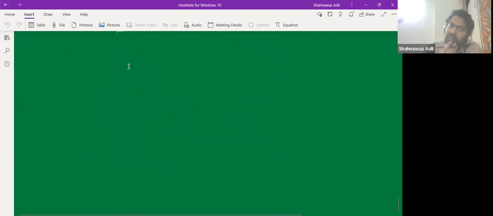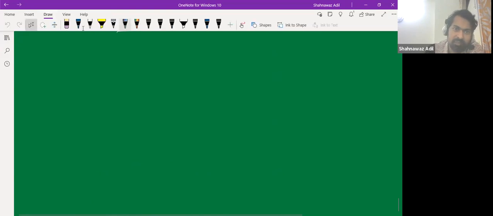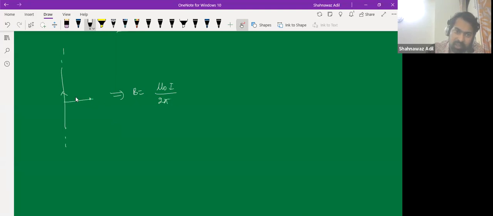So up until now, what have we done? We know that for infinitely straight wires, the magnetic field is mu naught I by 2 pi r at this distance, right?